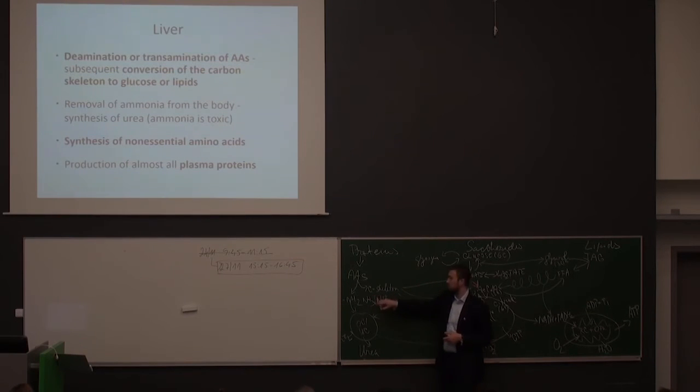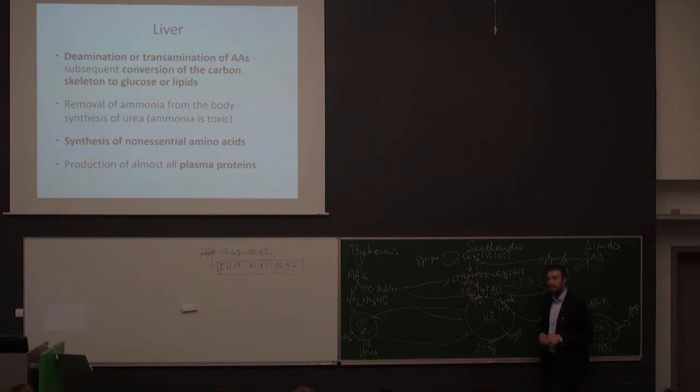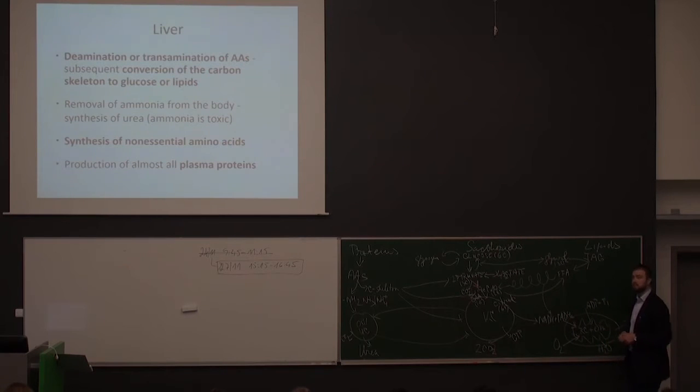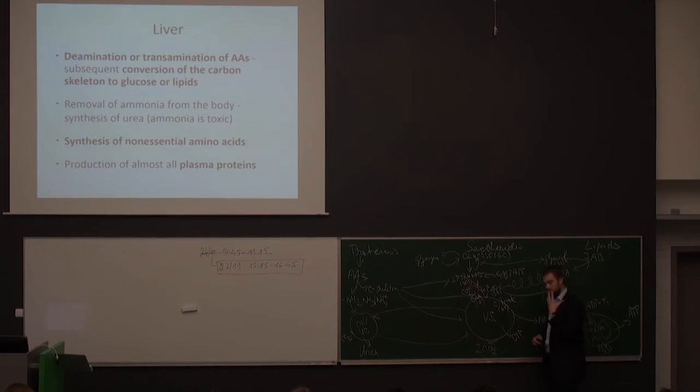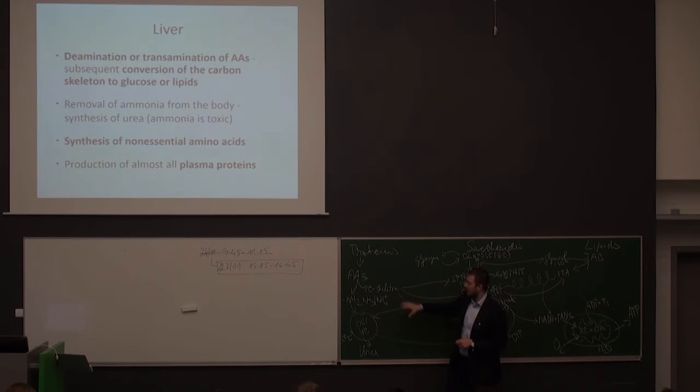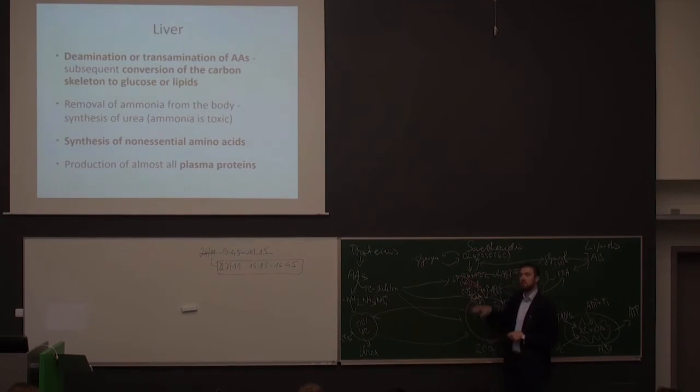They lead to disturbance of your brain, and typically these people can die due to it. Ammonia is toxic to your body, especially to the brain, which has very big energy demands. When it is not detoxified in the liver, it will affect your brain, and it's a very serious condition, the liver encephalopathy.